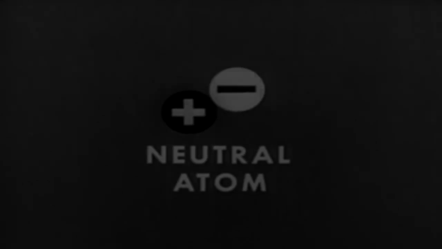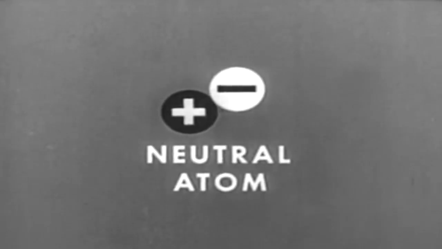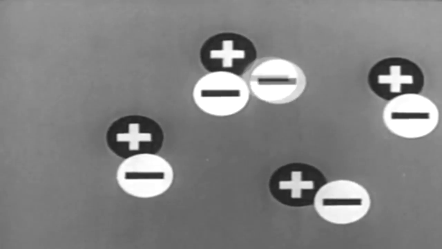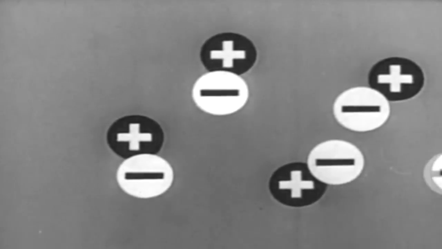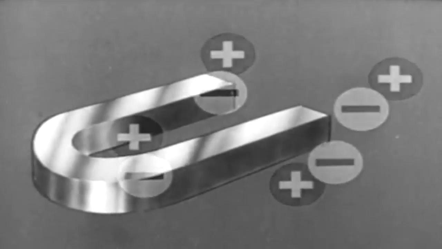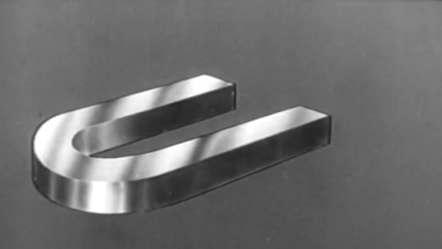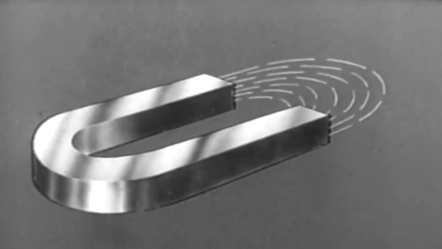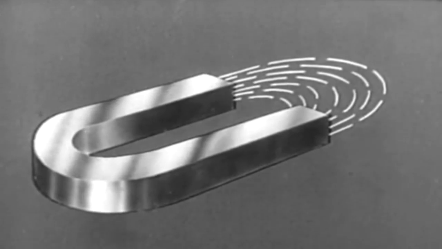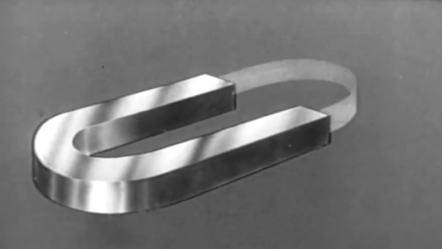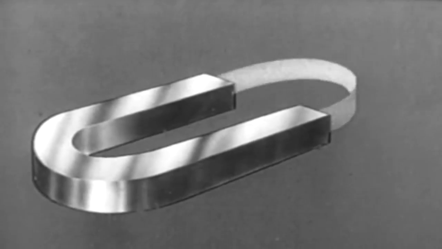This represents a neutral atom in electrical balance. Earlier, we saw how an outside force can break an electron away from an atom and start an electron chain reaction, an electric current flow. One way to provide that outside force is by use of a magnet. It was proved with iron filings that a magnet has magnetic lines of force which connect its poles.